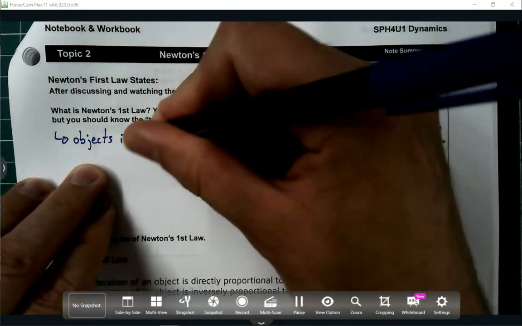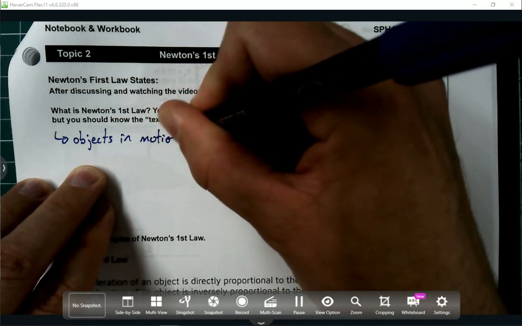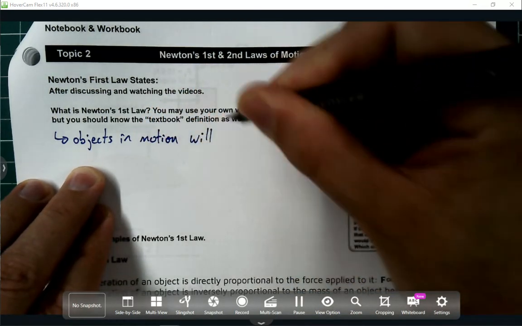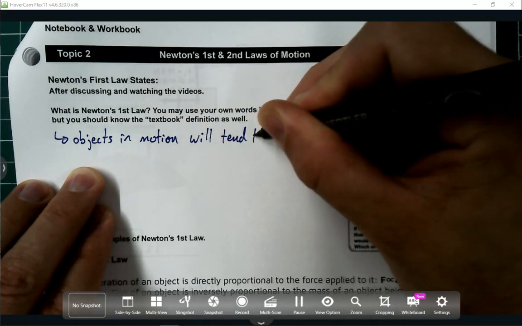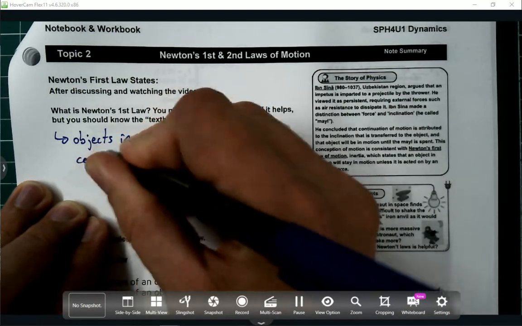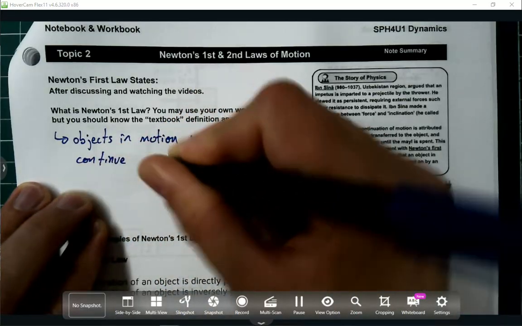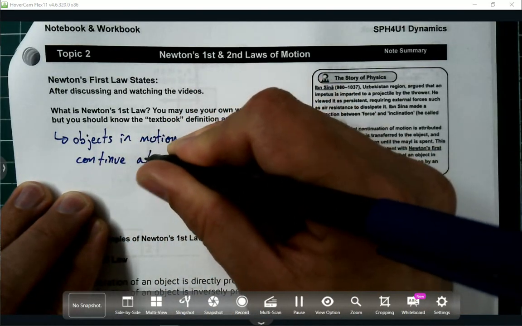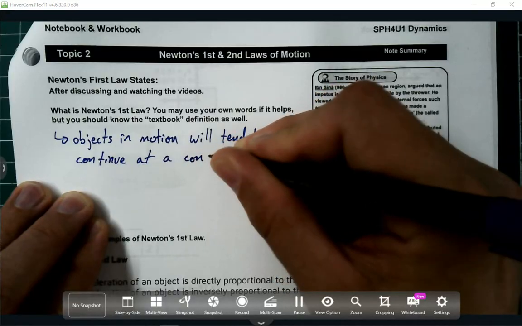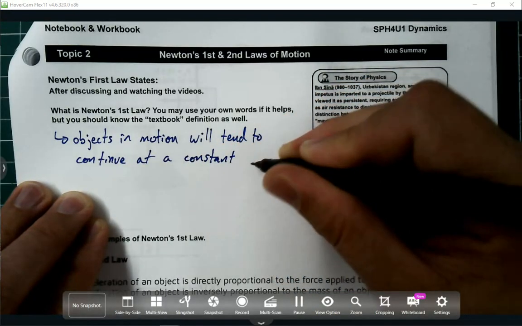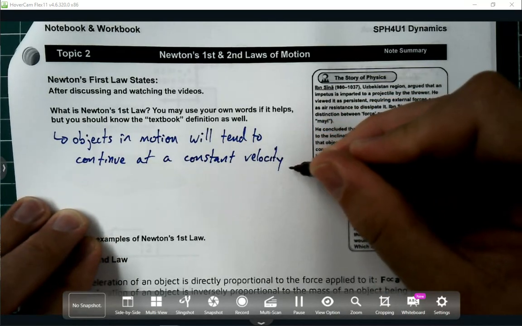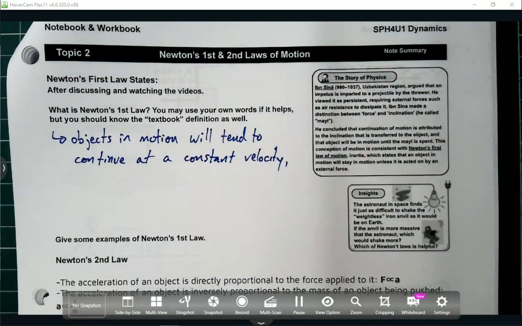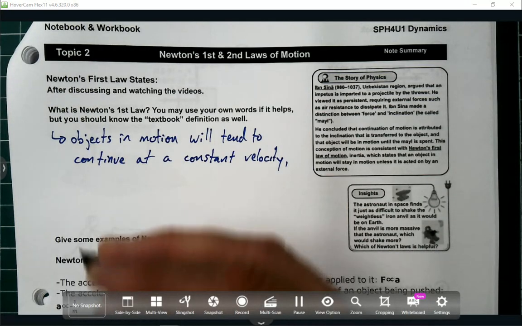But objects in motion will tend to continue at a constant velocity, and I'm going to tack this in, since we're saying Newton's first law in street language anyway, which includes zero.